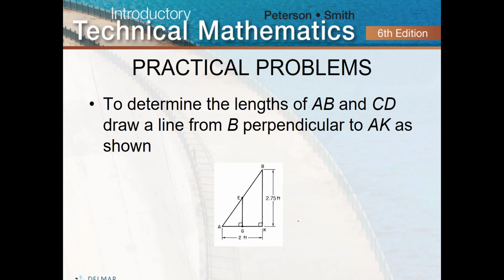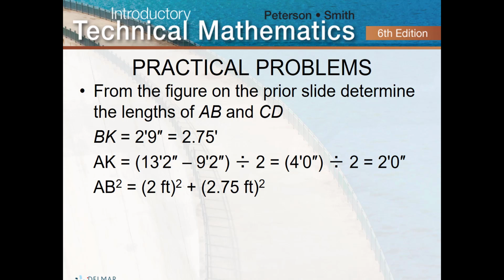And so to determine the length of AB and CD, draw a line from the perimeter to AK as shown. All right, so 2 feet. All right, we have a right triangle right there. Cool. All right, we know the height here. We know the height length there. And we can then just Pythagorean theorem it.